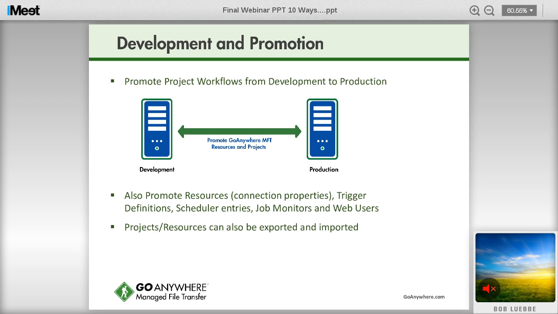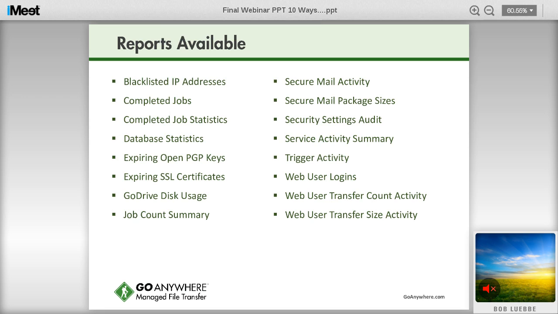And then when you're ready to go live, you'll be able to promote those into your production environment and let certain authorized users do that in the product. So it really gives you that control so you're not accidentally making changes in the production environment that could cause issues. And those promotions can happen on a scheduled basis, or you can just manually do the promotions as needed.